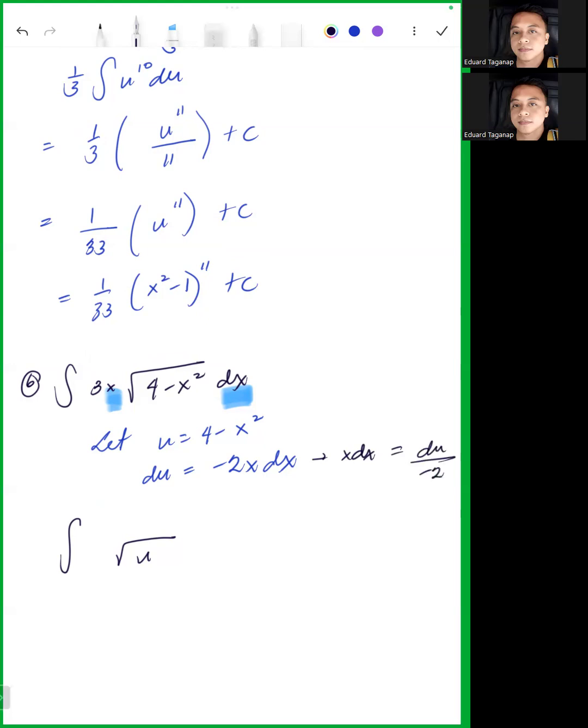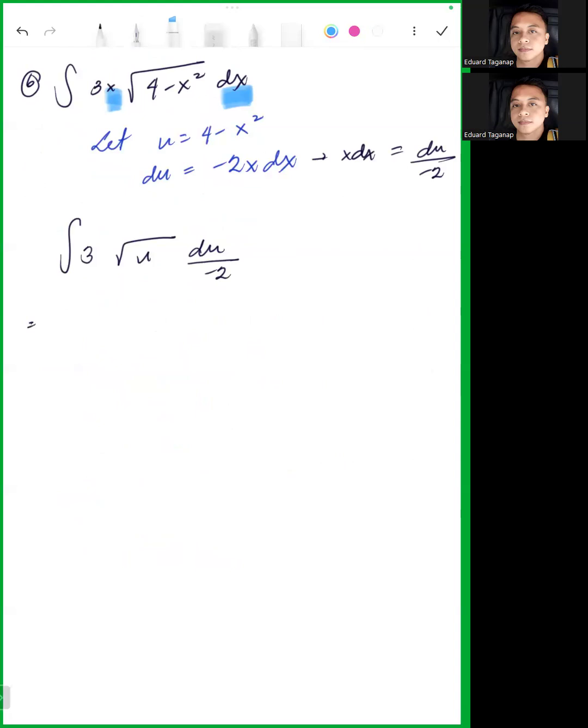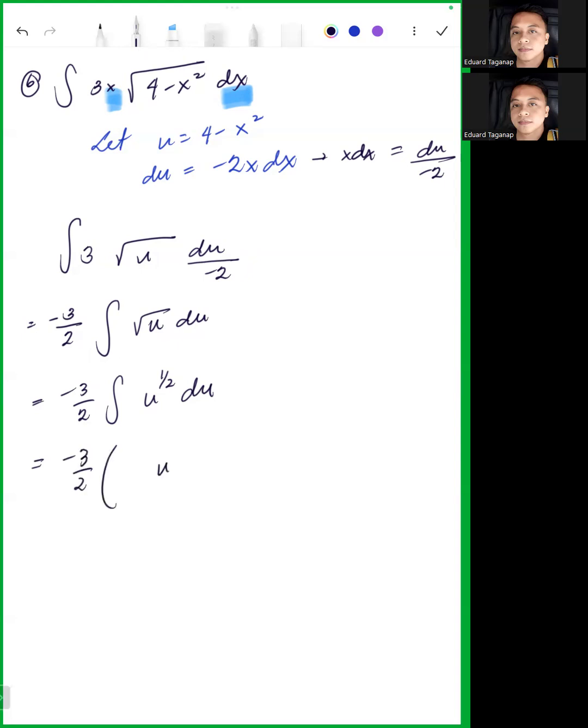We have a 3 there, and x dx is du over negative 2. So we have a constant that is 3 over negative 2. Let's factor that out. The integral of the square root of u du. Let's rewrite it first so that we can properly apply our rule for integration.